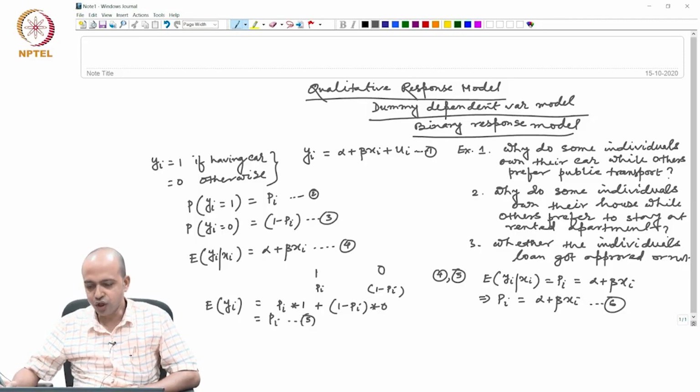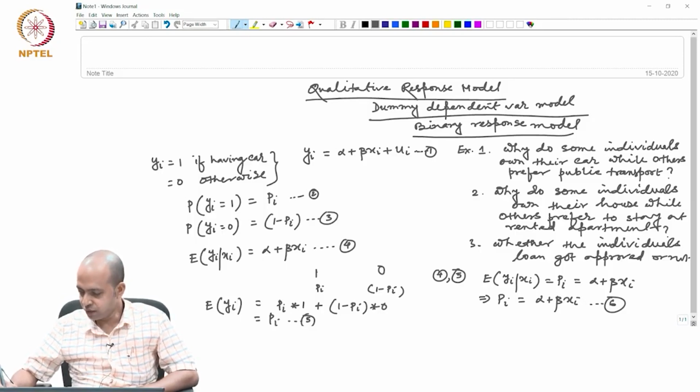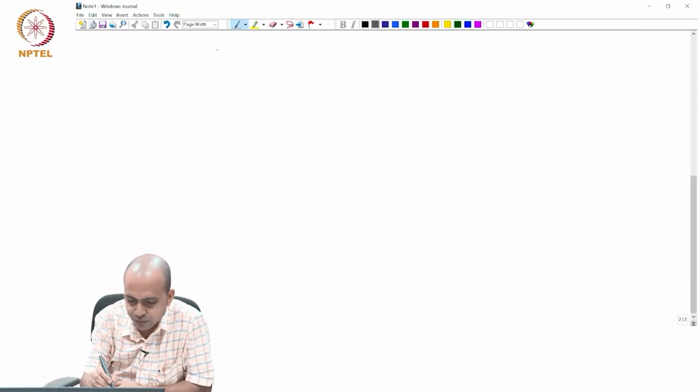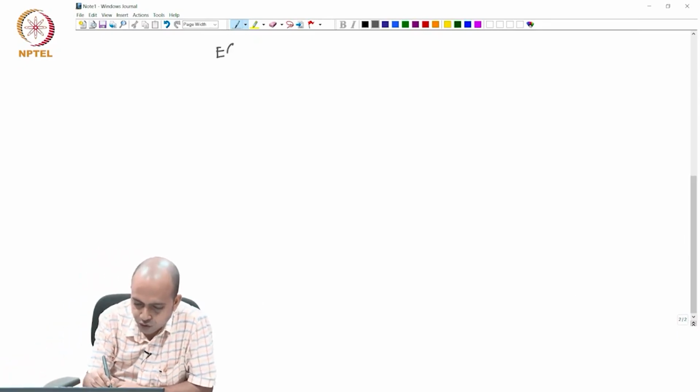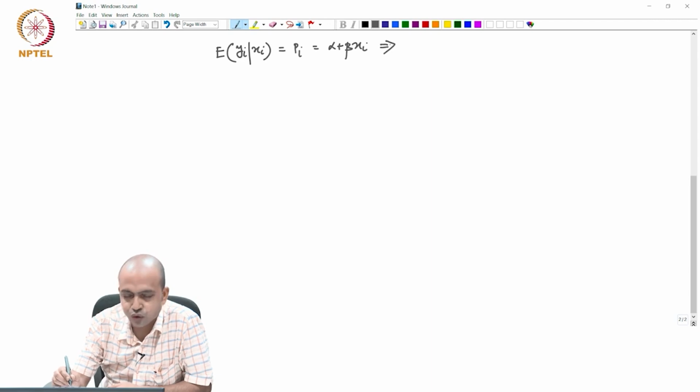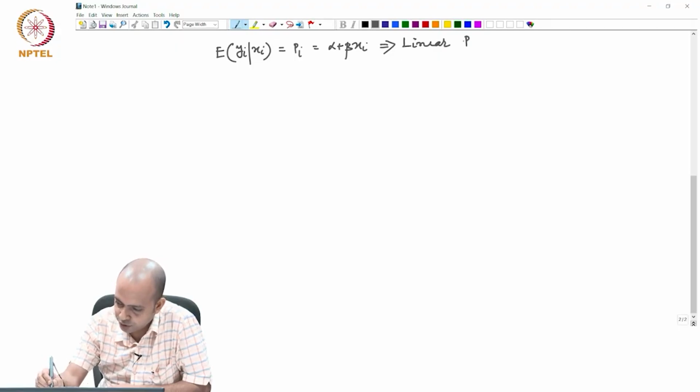Now, why this model? This is a probabilistic model that we have derived. So, when I say expectation of yi given xi equals pi equals alpha plus beta xi, this model is known as the linear probability model.